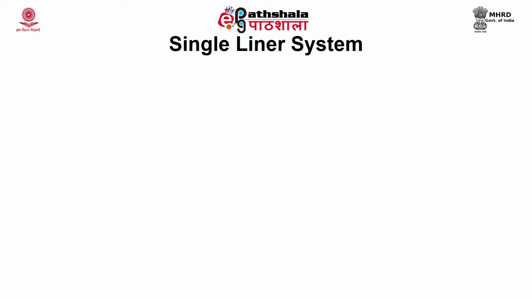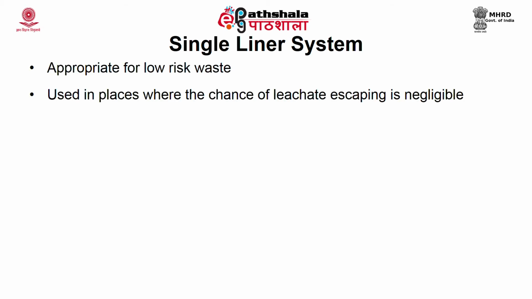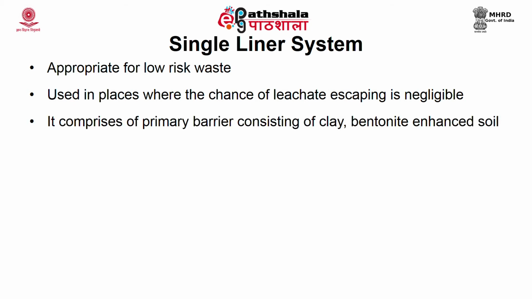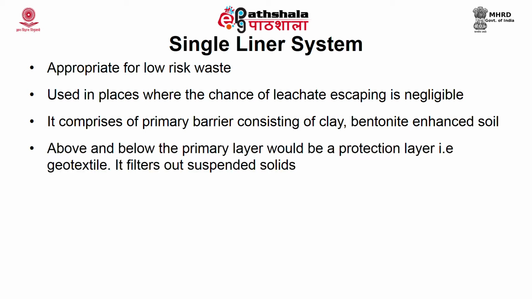Now, the single liner system is used for low risk waste, and it is used in places where chances of leachate production or percolation are negligible. It comprises a primary barrier which consists of a clay or a bentonite enhanced soil. Above and below this primary barrier layer, you would have a protection layer.